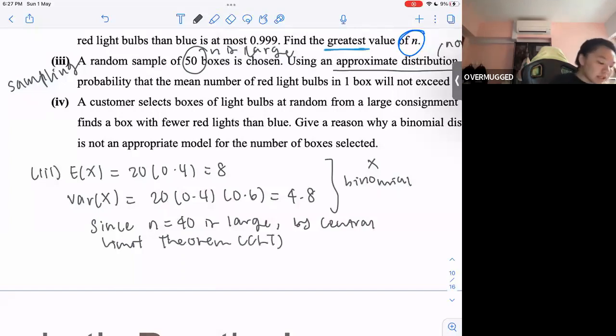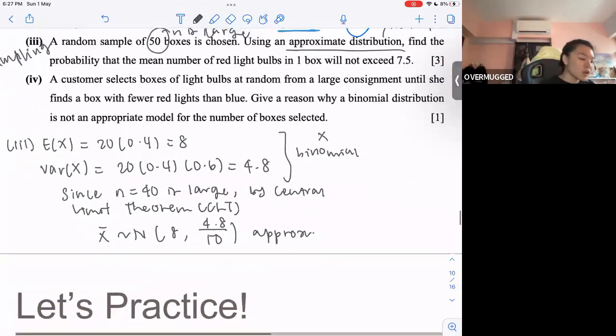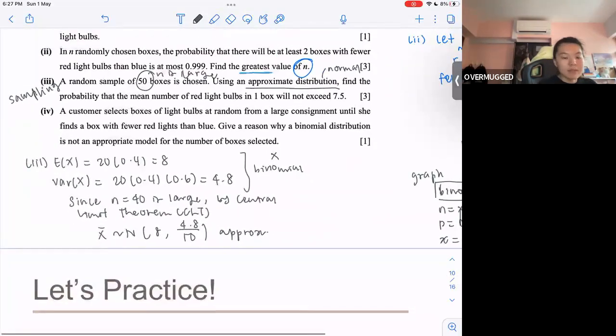So this is from your sampling chapter, okay? Your x bar follows a normal distribution of 8, 4.8 over 50 approximately. So again, this is for those of you who have learned sampling already. If you have not, you can revisit this next time, okay?